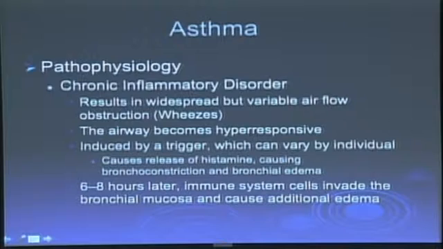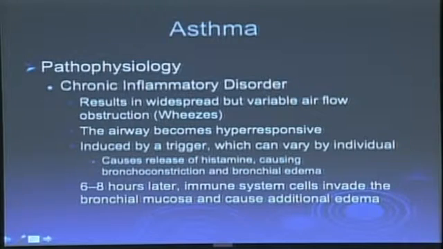If that continues for about 6 to 8 hours, with a trigger substance causing the histamine release and other substances, then immune system cells invade the bronchial mucosa and start producing other substances, including histamine, which cause more and more edema.